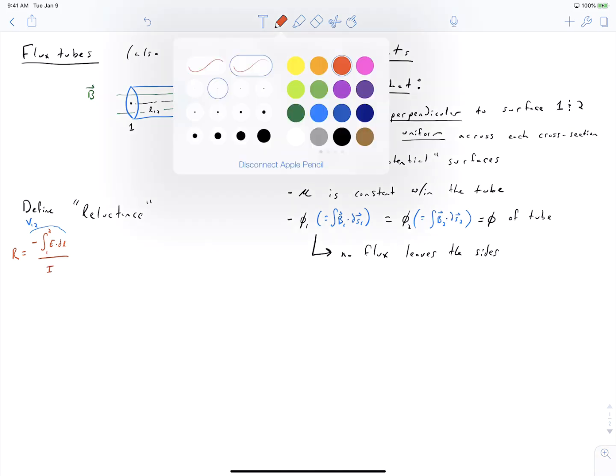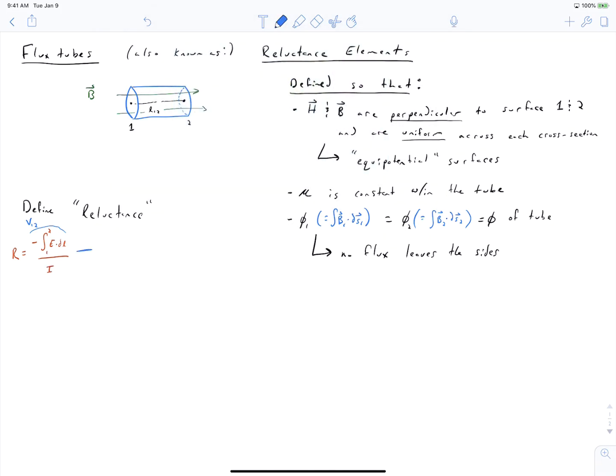And in our case, we've defined reluctance so that reluctance is equal to a magnetic voltage, the integral of H dot dl, divided by the flux that passes through our flux tube. And this quantity, integral of H dot dl, when we talk about it from one surface to another surface, we call it a magnetic voltage.